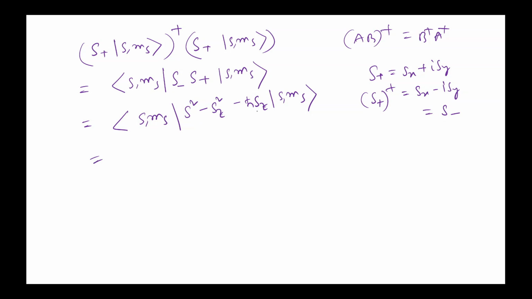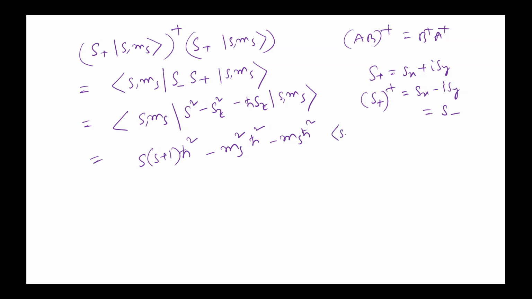Now this whole thing is diagonal in this basis, right? So what you will get is, because S square operates on |S, ms>, you get S(S plus 1) h cut square, and when Sz square operates on this, you get ms square h cut square, and when Sz operates, you are left with ms h cut square.